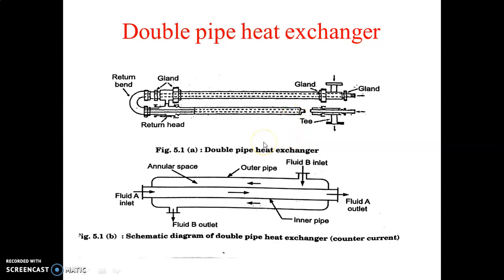What is meant by effective length? The distance of each leg over which the heat transfer occurs is known as the effective length. So these are standard tubes used in industry.